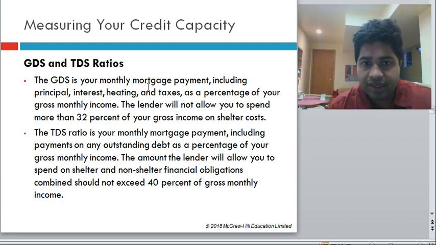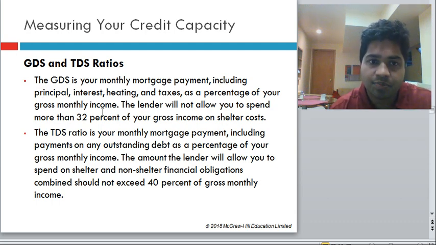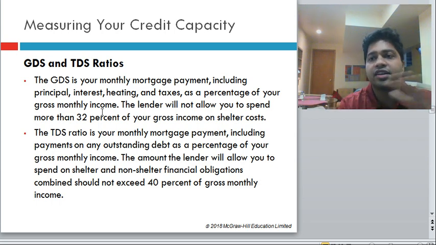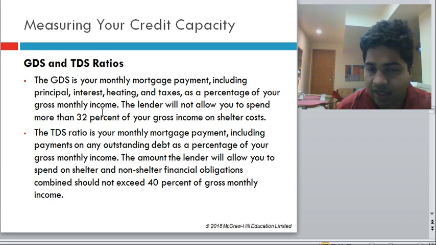GDS is your monthly mortgage payment, including principal, interest, heating, and taxes, as a percentage of your monthly gross income. So the amount you pay on your loan plus the amount you pay on your utilities, specifically heating, and the taxes and interest, all combined, divided by your monthly gross income.